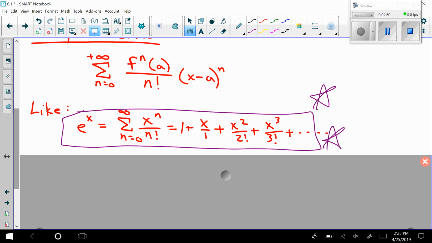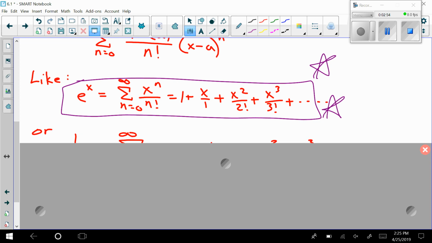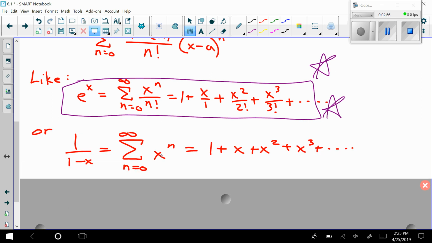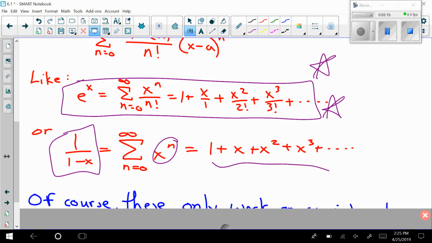What other things have we had? Well, if you think back, we also had x to the n power. We've had something that looks like this before, and this is a classic geometric one, which again can be described by this one over here.